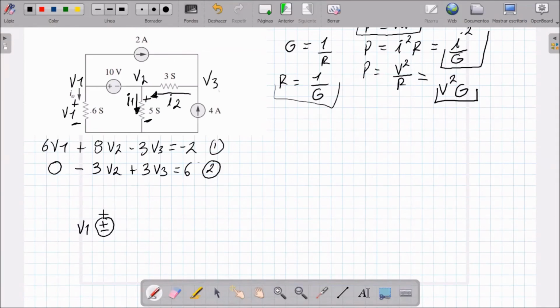We can do it in mind, and it comes here, and from this point I'm going to connect the voltage source. The 10 volts is this one. This resistor will be replaced by a voltage source that I will call V2, plus, because we had already denoted it as the V2 voltage, and I'm going to end it here.